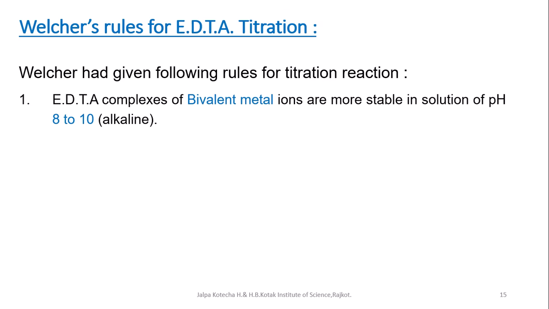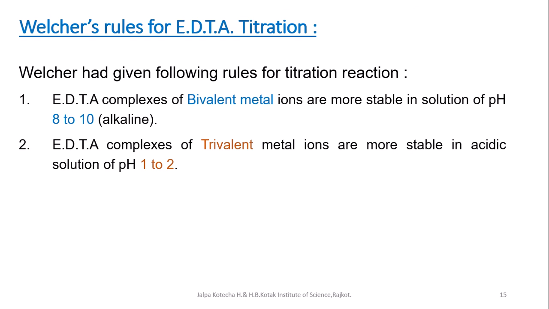The first rule is for forming EDTA complexes with bivalent metal ions. It requires a solution of pH around 8 to 10. Then only it gives a stable complex. So bivalent metal ions require a pH of 8 to 10, that is an alkaline medium, to form a complex with EDTA.